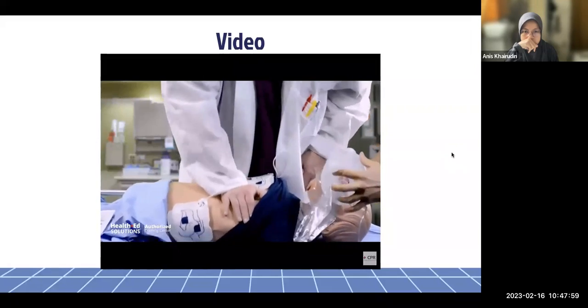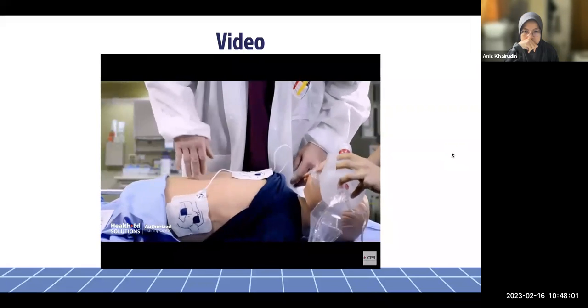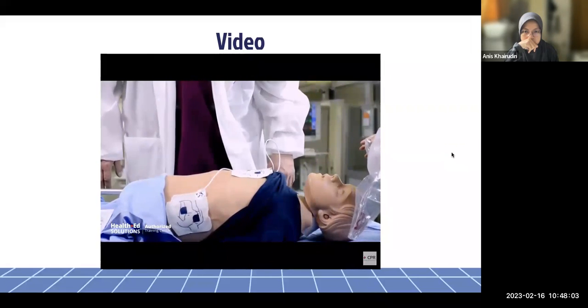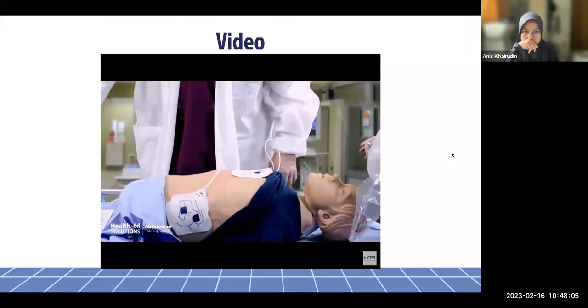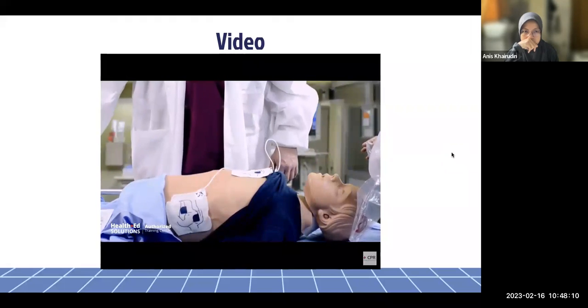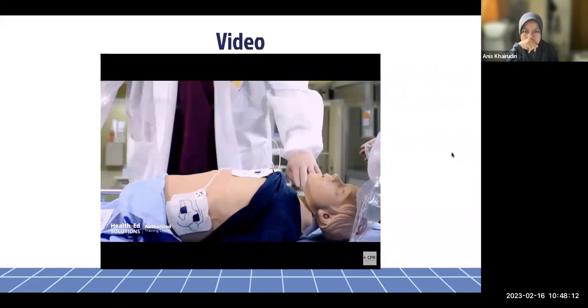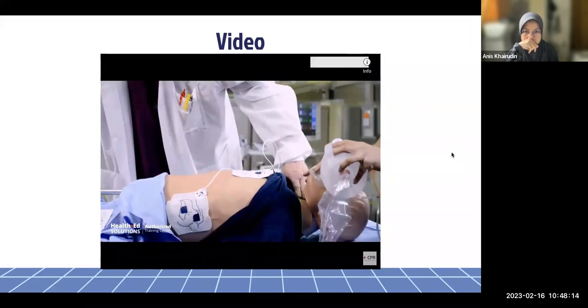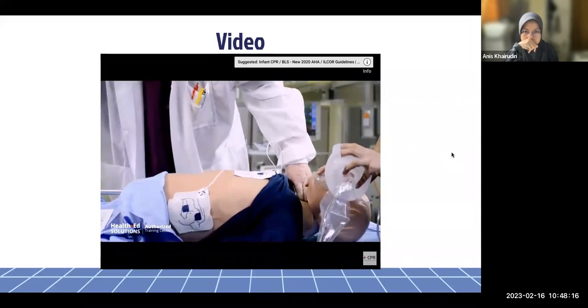Do not touch patient. Analyzing rhythm. Do not touch patient. Analyzing rhythm. Check pulse. If no pulse, give CPR. Kid's got no pulse.